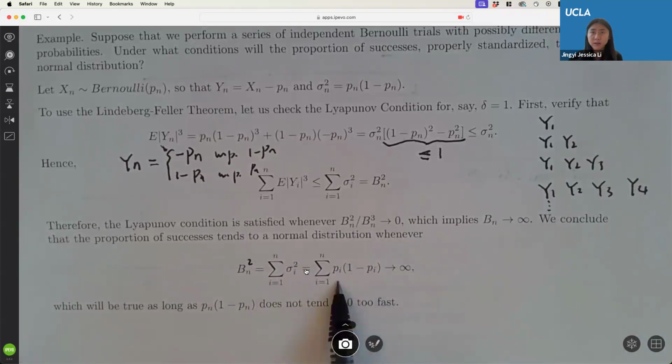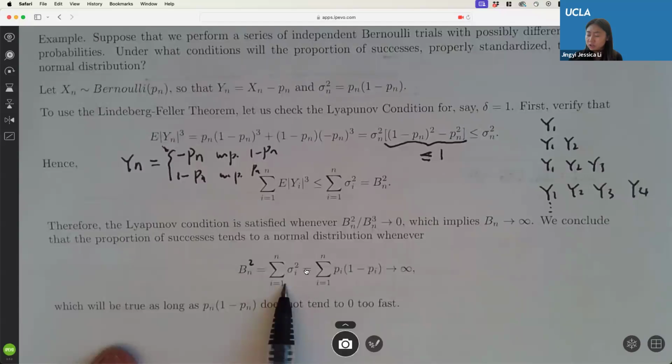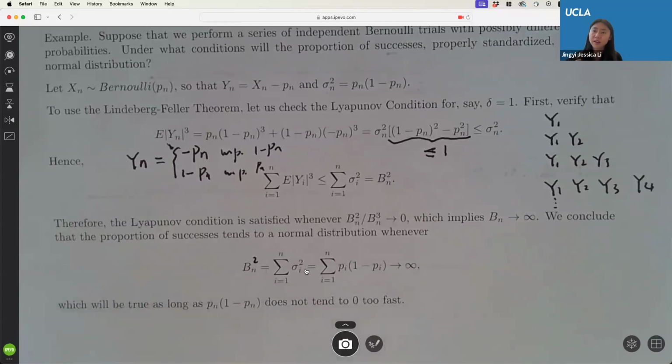So as long as we can have this go to infinity, it is sufficient to say that the Lyapunov condition holds. Then it is sufficient to say that we still have the central limit theorem like result.